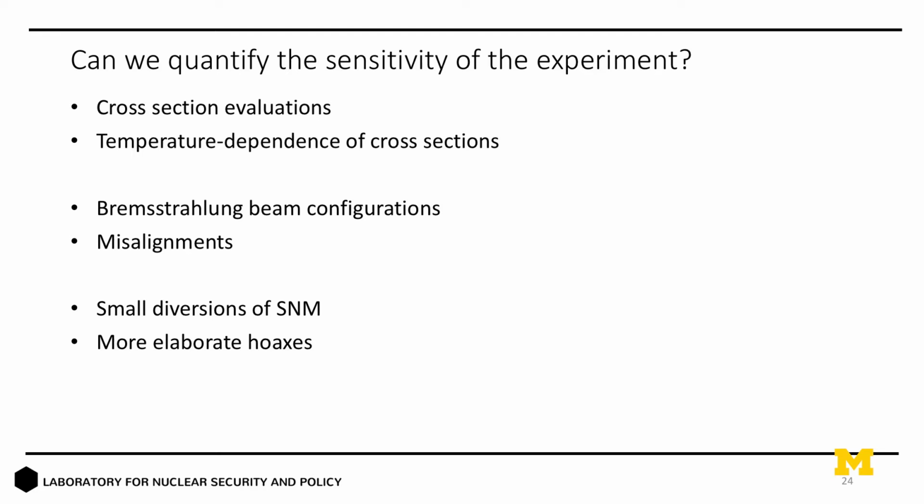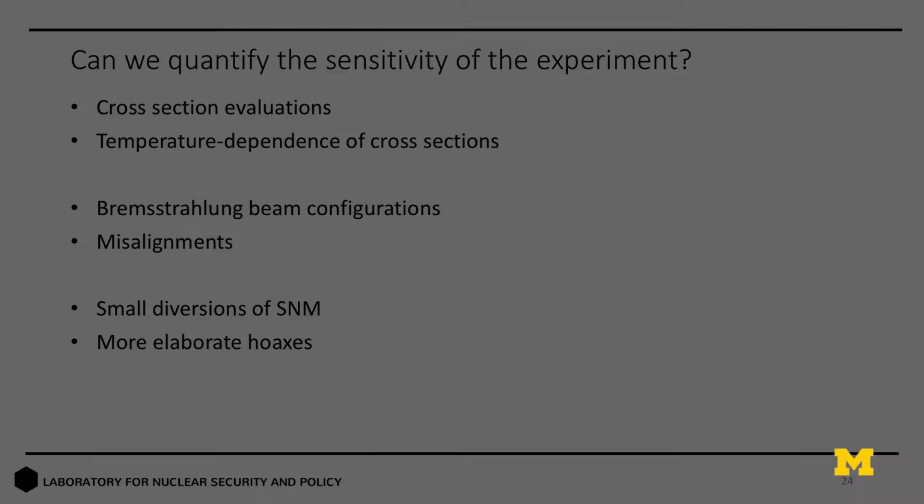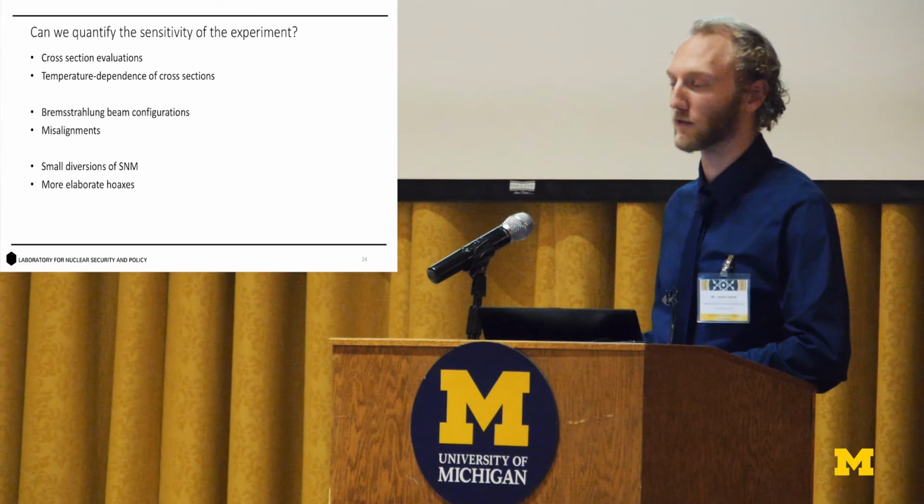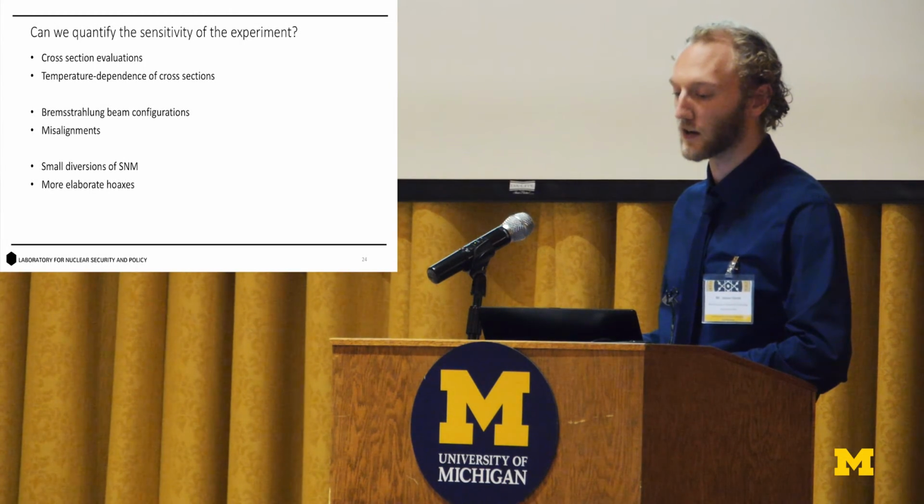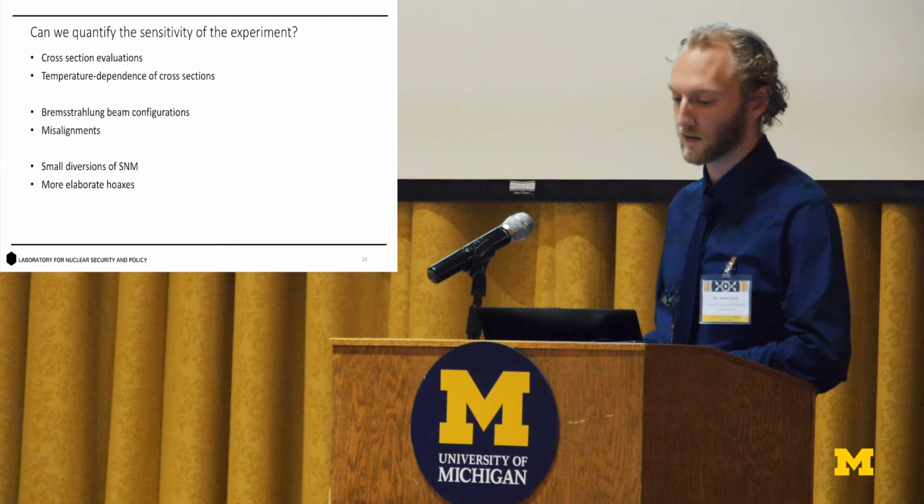Finally, we would like to quantify some of the sensitivity of the measurement. So the previous results plus delta of the previous results for various deltas. Particularly with the simplified model, we would like to look at different cross-section evaluations. We found that the typical Gaussian approximation to the NRF cross-section can end up underestimating the counts somewhat significantly.